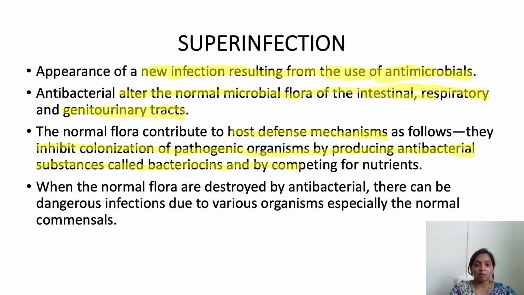That is how it helps, and they also compete for nutrition. Because of these two reasons, there will be superinfection by a new infection. If this flora is destroyed, then there can be dangerous infection produced by the normal common cells which are present in the body.